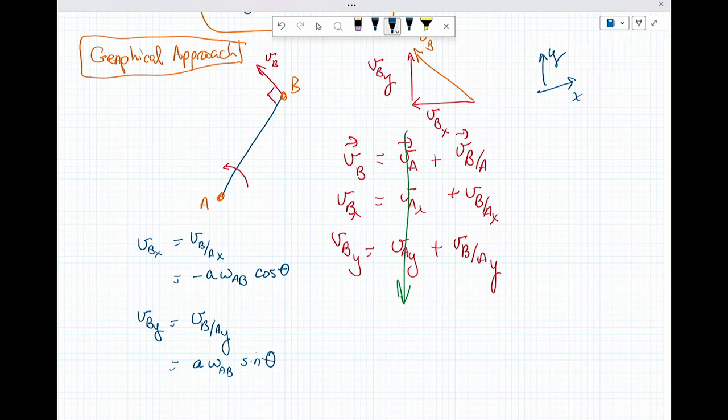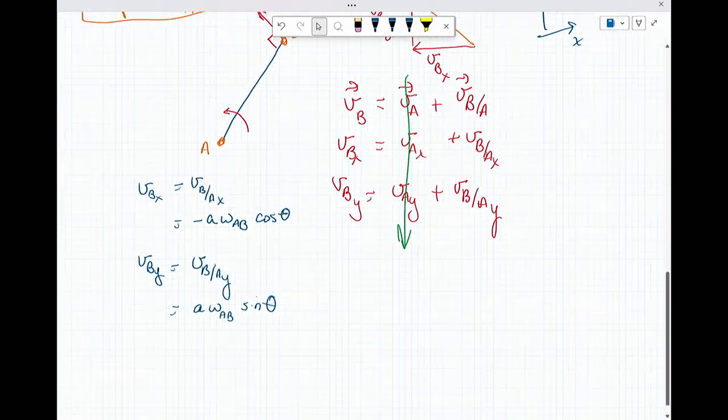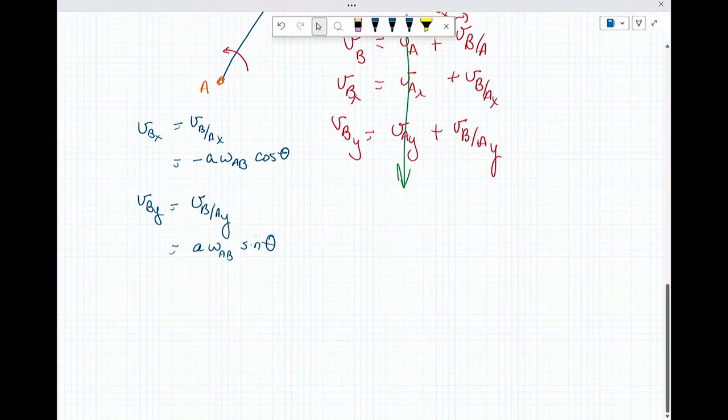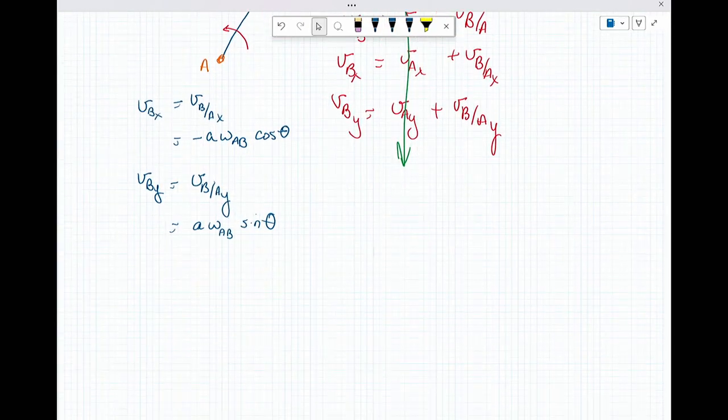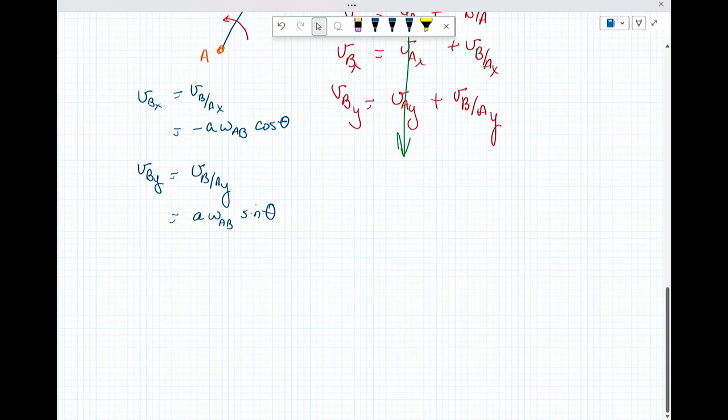If you don't draw that out, you won't necessarily catch that that's negative. So now I have the velocities at point B. I can go back to this.